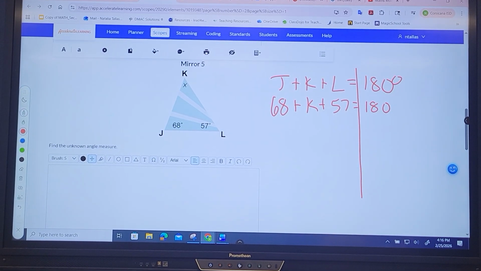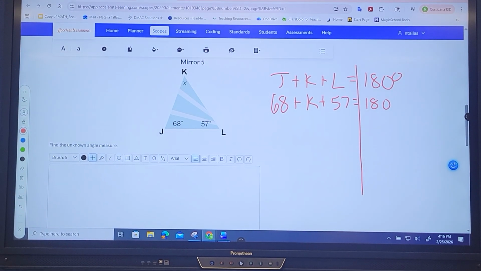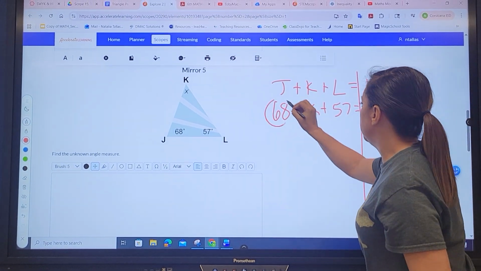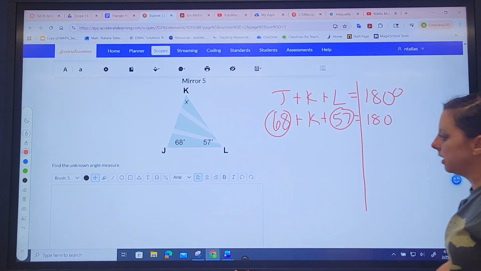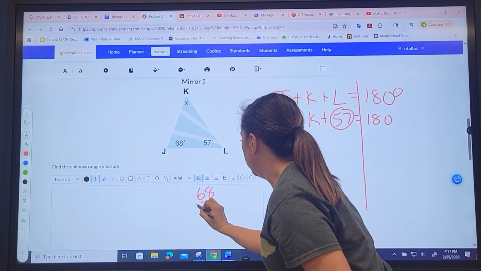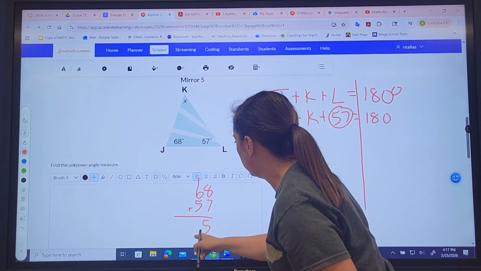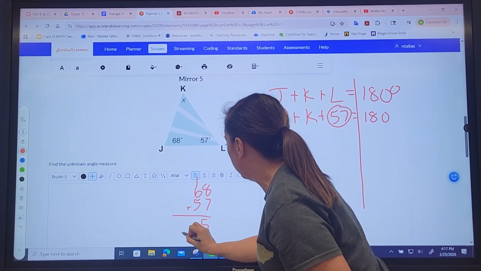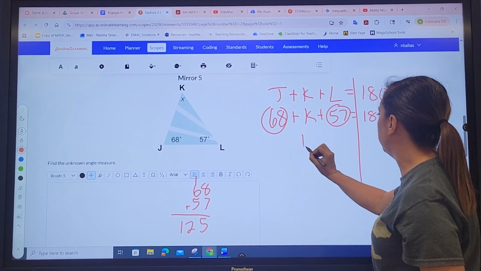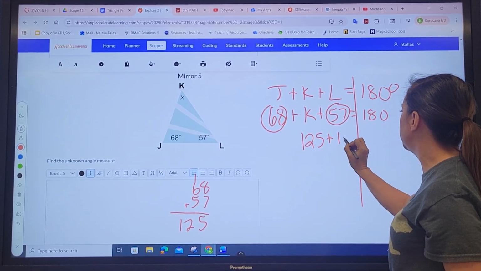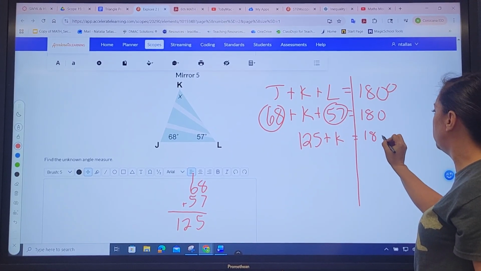Draw your line. Then you have to combine the like terms. 68 and 57 are your like terms. So 68 plus 57, 7 and 8, 15, carry your 1, 1, 6, and 5 is 12. So you have 125 plus K equals 180.